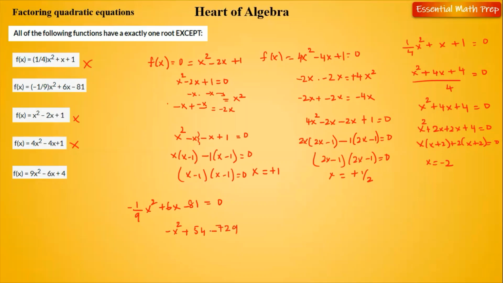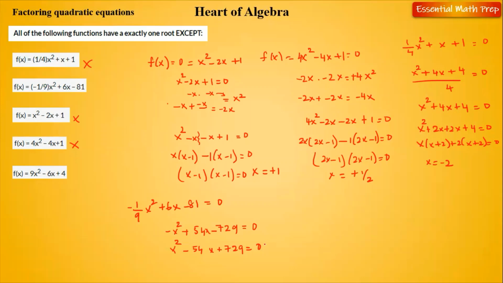Equals, this is x, of course, equals 0, right? If you multiply the whole thing by negative, then you get x squared minus 54x, okay, plus 729 equals 0, okay?